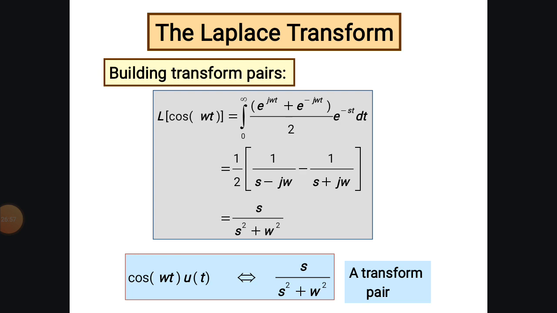Substituting in the integration, we get 1 upon s minus I omega plus 1 upon s plus I omega. Cross multiplying the terms, we get s upon s square plus omega square. Remember, this also is a formula. Laplace of cos omega t into u of t is s upon s square plus omega square. It is also a transform pair.